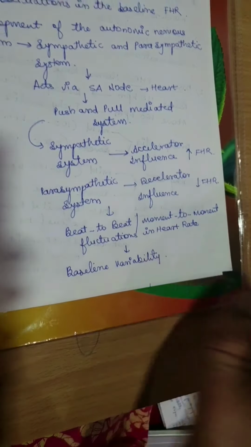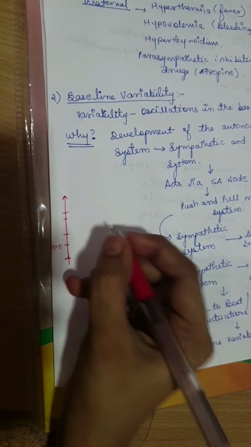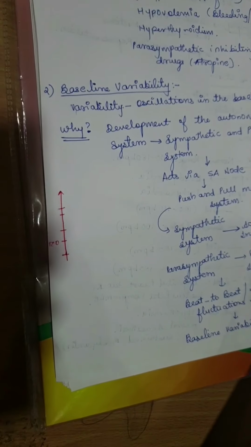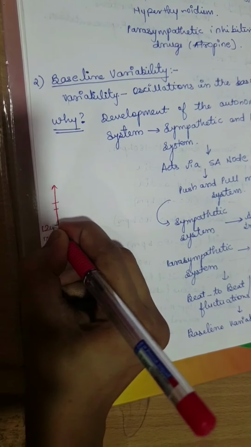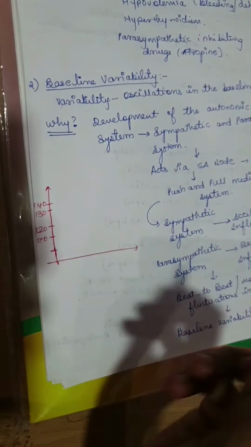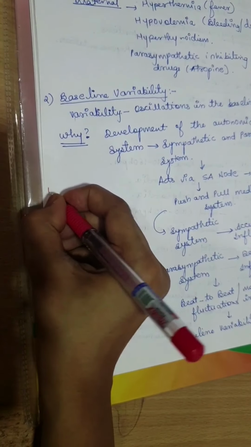Now we'll look at the diagrammatic presentation. If this is the x-axis, these are the fetal heart rate: this is 110, this is 120, this is 130 and 140. And this is the y-axis, which is for the seconds or the time.